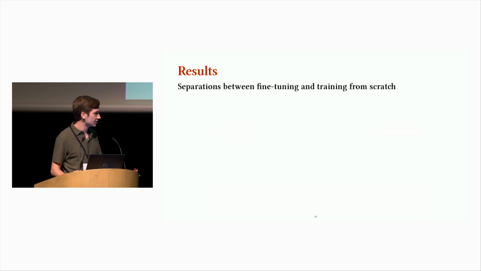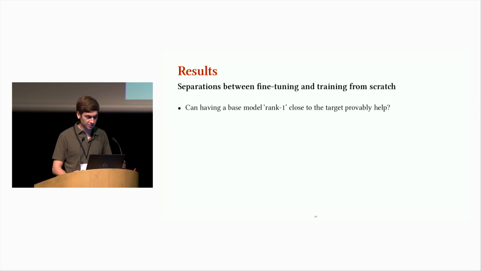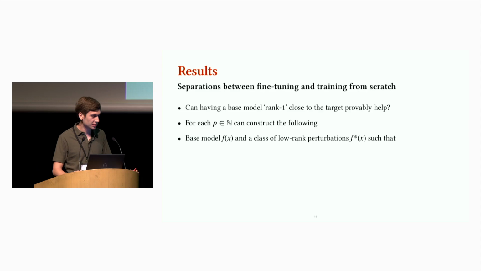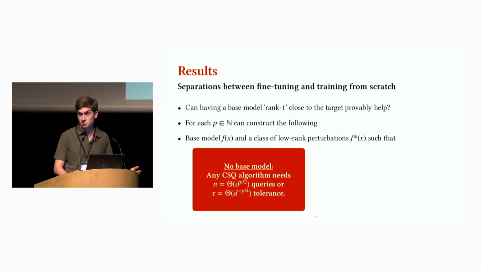So a question then is, is it easier to fine-tune in some settings, and can we indeed show a rigorous separation? Can having the base model actually help you rigorously? For this we say yes, and we show the following result. For a given natural number p, we can construct a class of base models and a class of low-rank perturbations such that if you don't have the base model, it's hard to learn the target model with a CSQ algorithm.